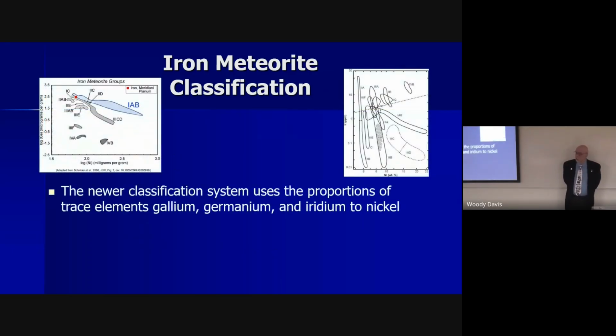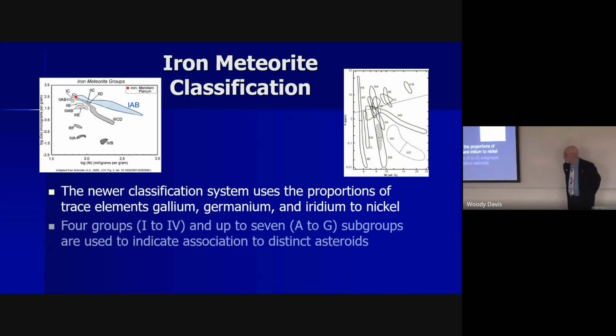Now, the newer classification uses chemical analysis to determine the proportions of some trace elements like gallium, germanium, and iridium in these iron meteorites to tease out ones that are related and may come from either the same parent body or family of parent bodies. And so there are about 4 groups and up to 7 subgroups and all that kind of stuff.